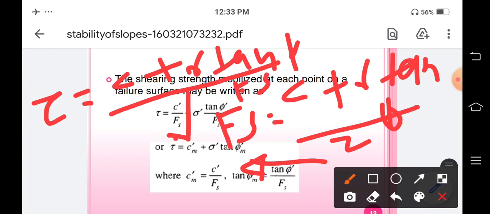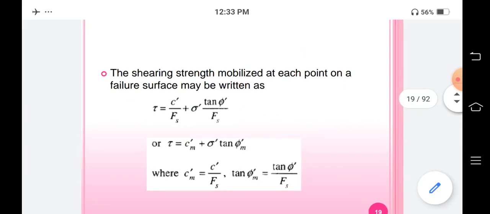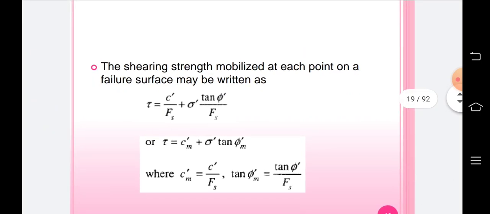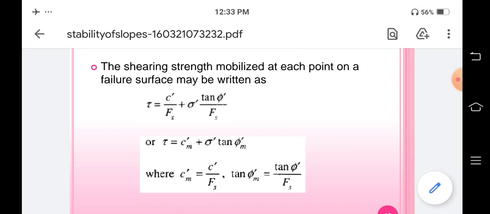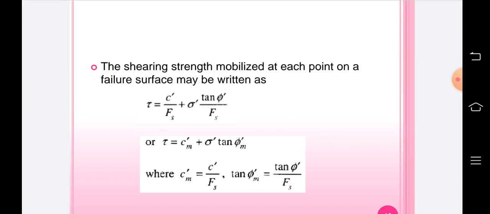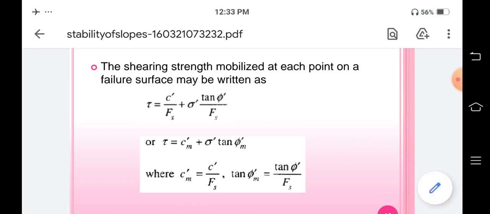Okay, if you write both the terms separately, this term separately and this term separately, it looks like that: tau equal to C dash upon Fs plus sigma dash tan of phi dash upon Fs. Or we can also write, because we know the value of tau is Cm dash plus sigma tan of phi m dash, where this Cm is equal to C dash upon Fs.